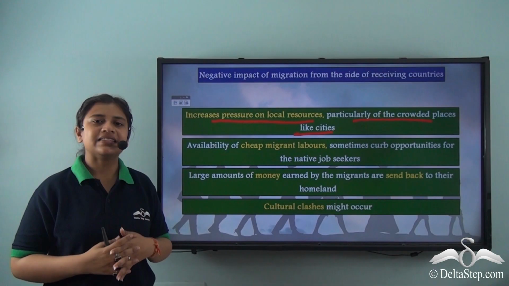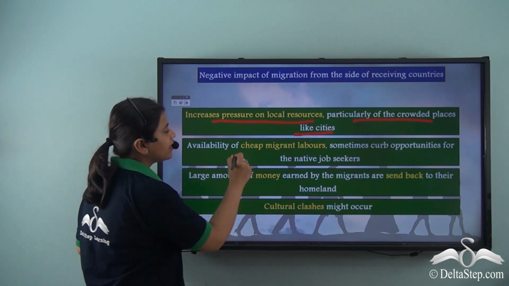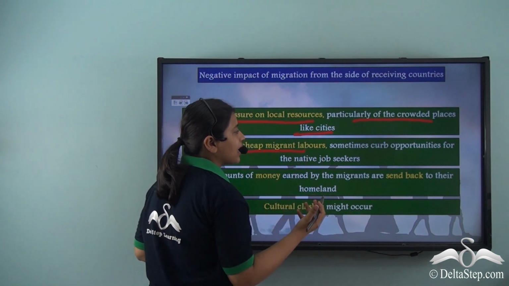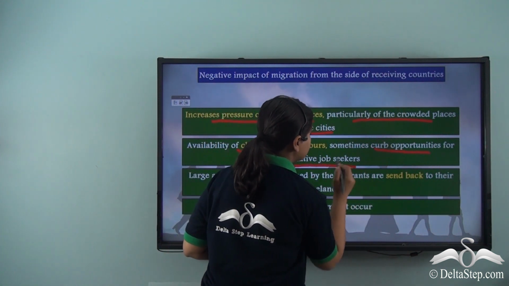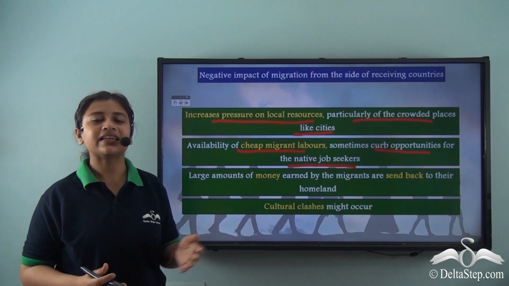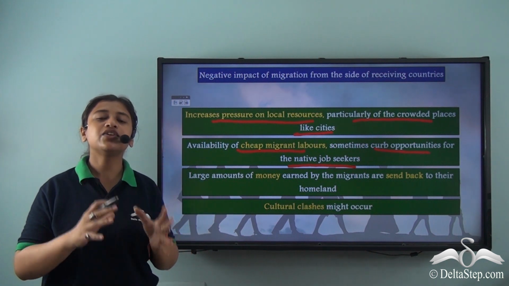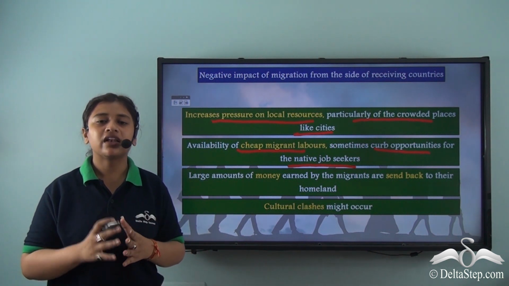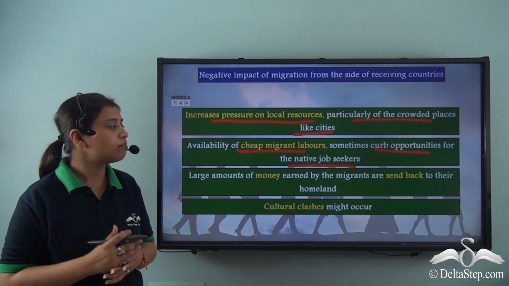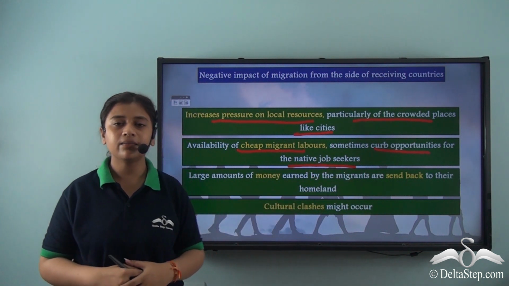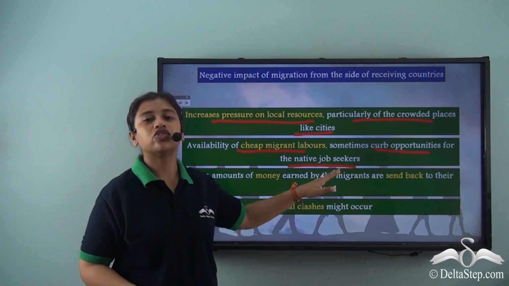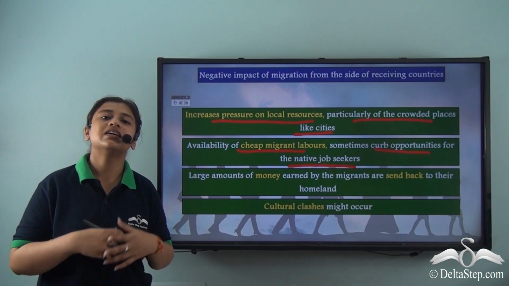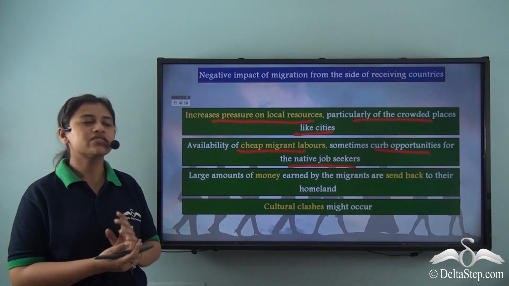Secondly, availability of cheap migrant labor sometimes curbs opportunities for native job seekers. People migrating into these countries are ready to work at a lower wage. This becomes a problem for the people who are already living there, right? So this curbs the opportunities for native job seekers, and becomes a negative impact of migration for the receiving country.